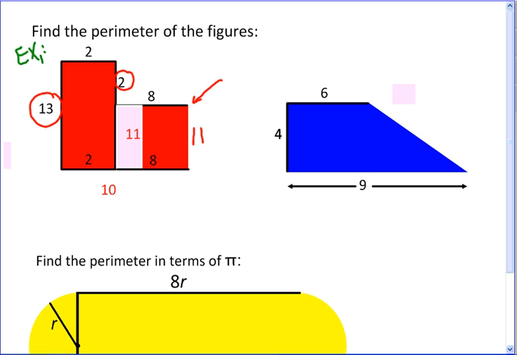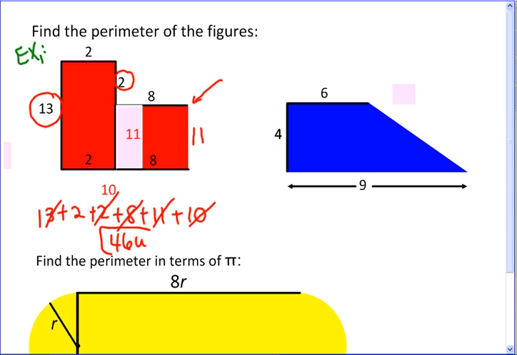Well, now we just add them all up. 13 plus 2 plus 2 plus 8 plus 11 plus 10 is the total. That gives me 20, 30, 40, 44, 45, 46 as a perimeter.